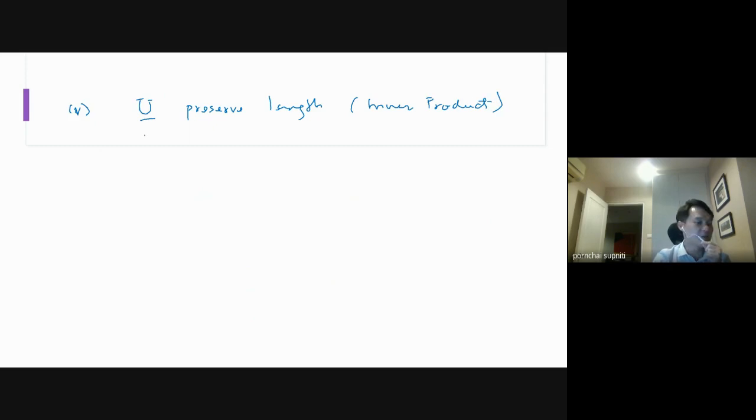What does it mean? Given the inner product of one vector with another, if I multiply this unitary matrix to each vector, what I get is y transpose U transpose times U times x.